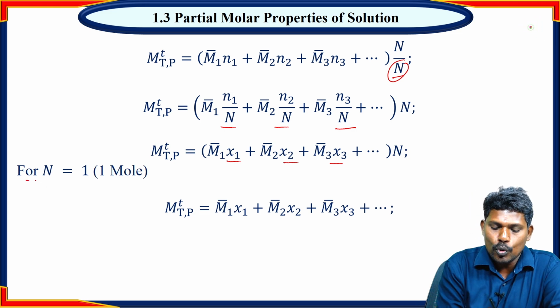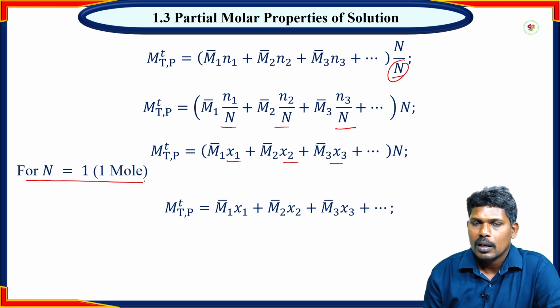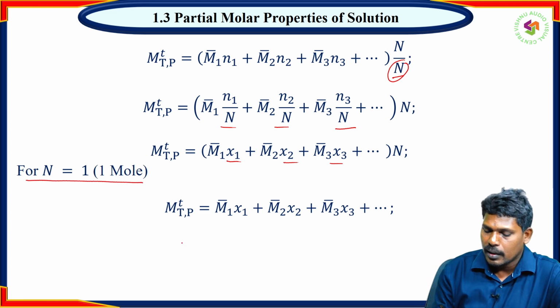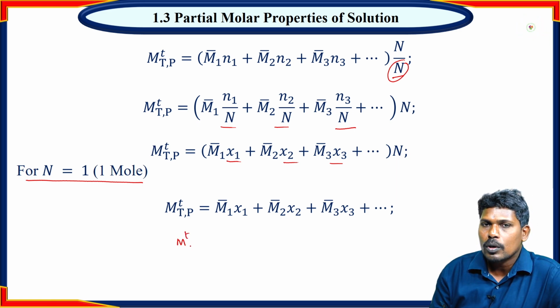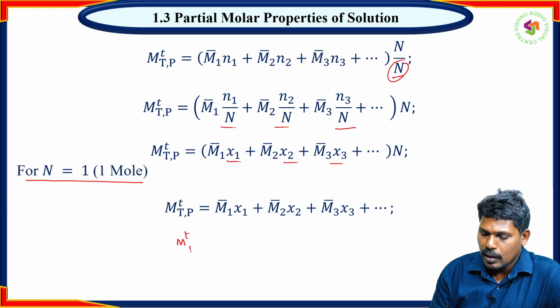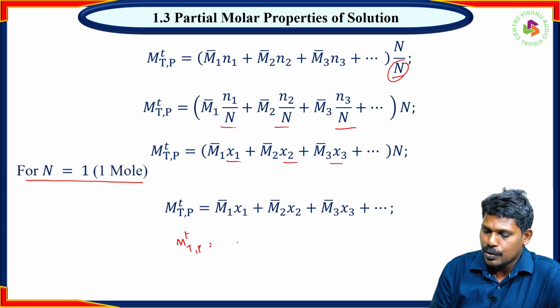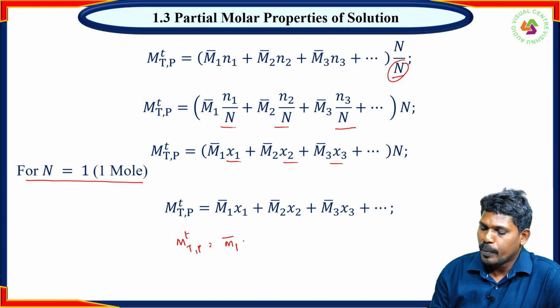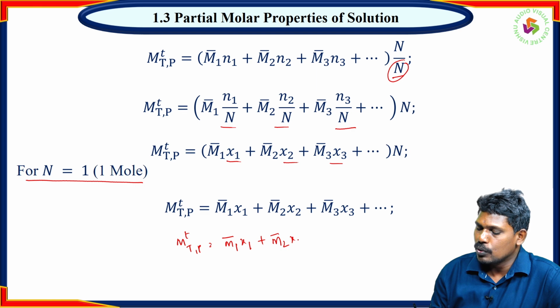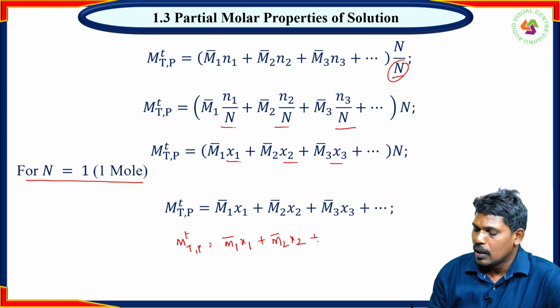For example, with the total number of moles as 1, the total molar property at constant temperature and pressure is equal to the summation of the first compound's partial molar property into its mole fraction, plus the second partial molar property into its mole fraction, and the third partial molar property into its mole fraction, and so on.